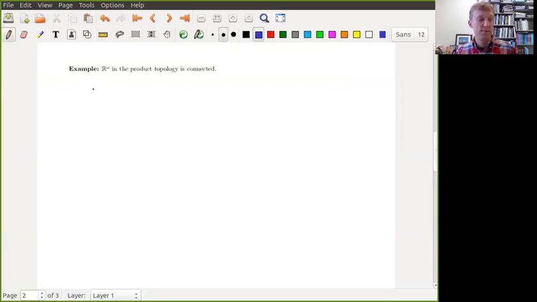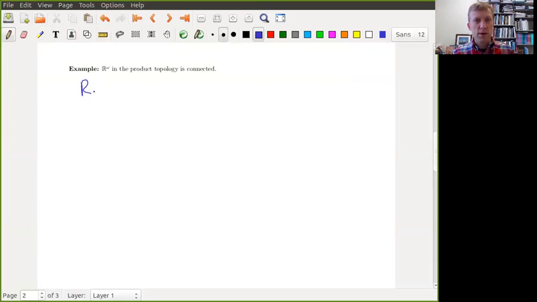We're going to use that same result. Essentially, we're going to show that the union of a collection of connected spaces is connected when those connected spaces contain a point in common. So that's been a very useful result so far.